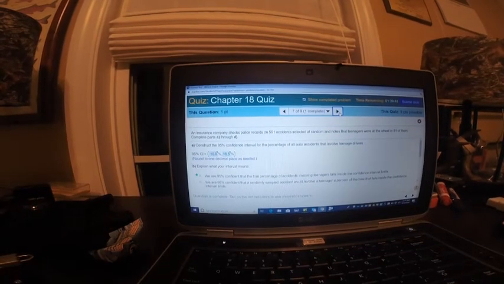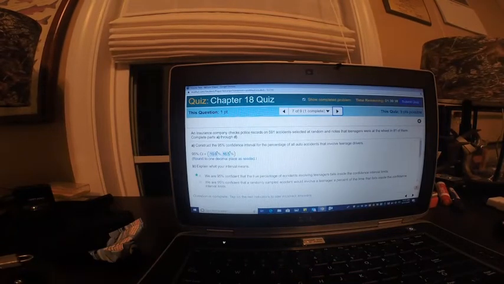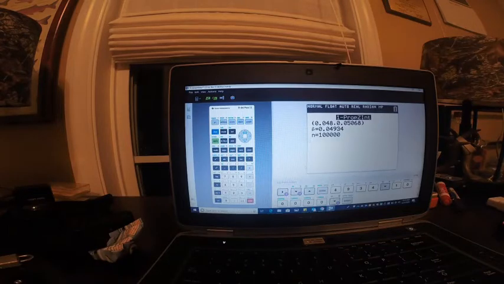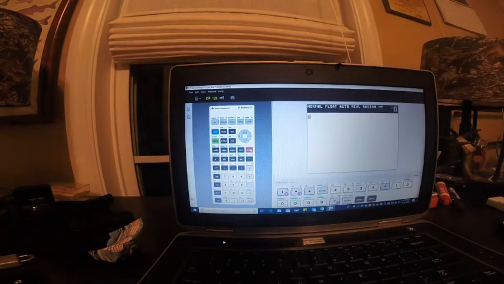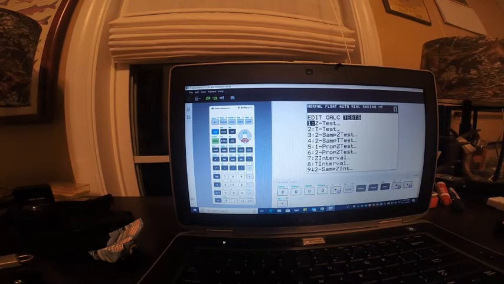Okay, that's easy enough. 95% confidence interval. We know how many: our 81 is our X, 591 is our N. So we're going to go stat, scroll over to test, scroll down and do our confidence interval.